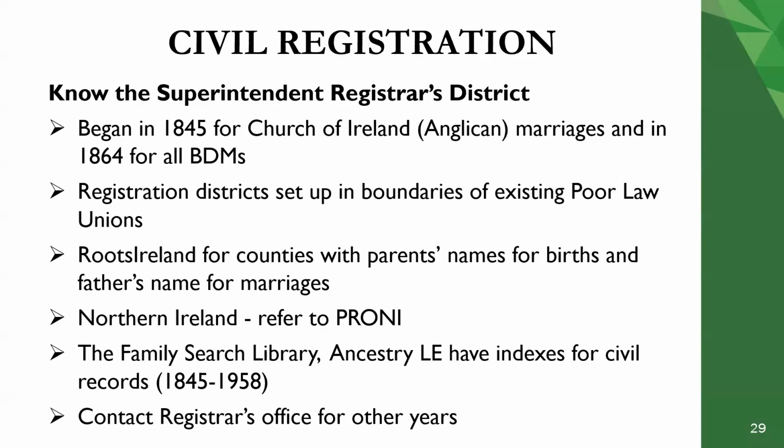And you can find more information on how that all was set up on Roots Ireland. The Northern Ireland information is on PRONI, the Public Record Office of Northern Ireland. Family Search and Ancestry have indexes for the civil records. If for some instance you cannot find it online, you can always contact the registrar's office in that district for information.